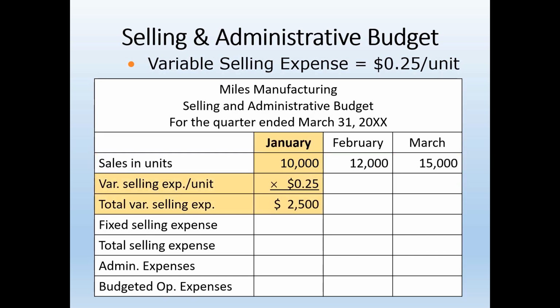In January, we take the number of units that the firm expects to sell, multiply it by 25 cents of variable selling expense per unit to get the total variable selling expense for the period. And we do the same thing in February, and we do the same thing in March.